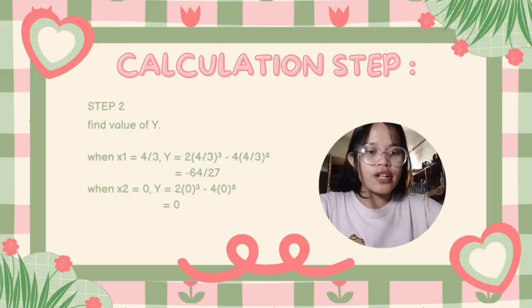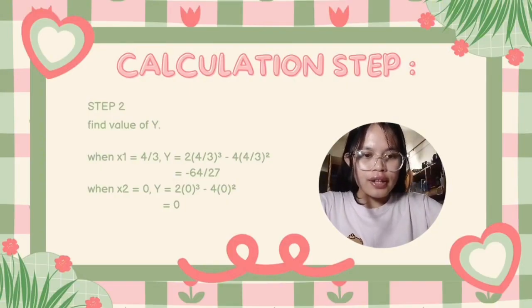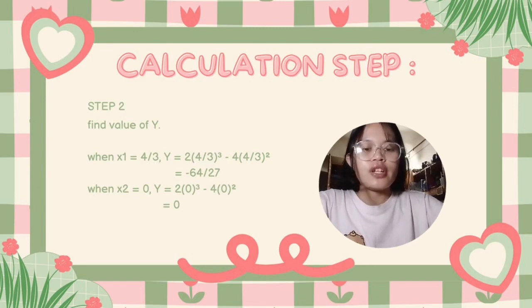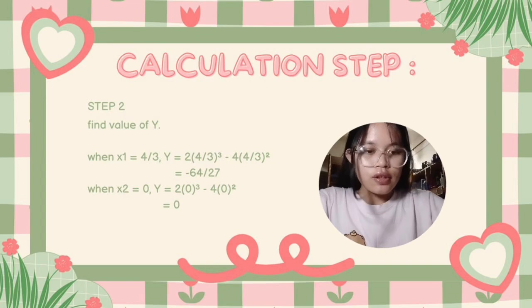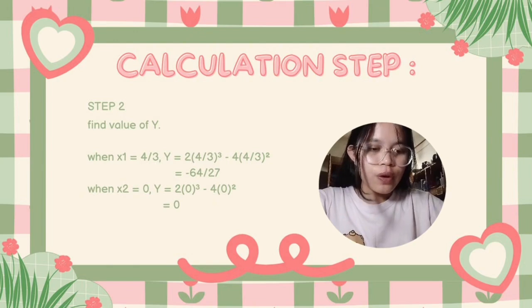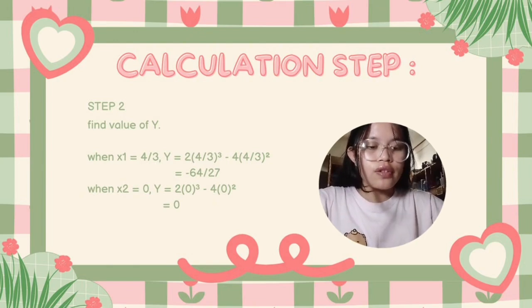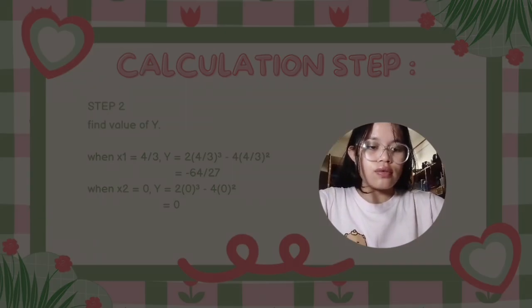Then step 2 is to find the value of y. We insert the value of x we got from the EQN into the original expression given in the problem. So when we do that, we got negative 64 over 27 and 0.